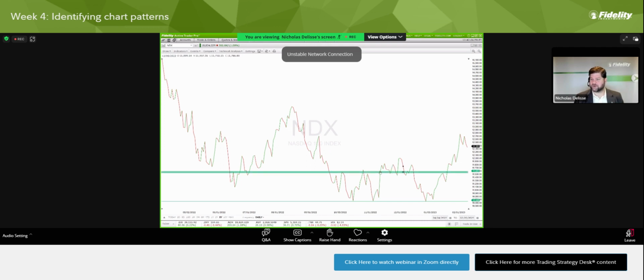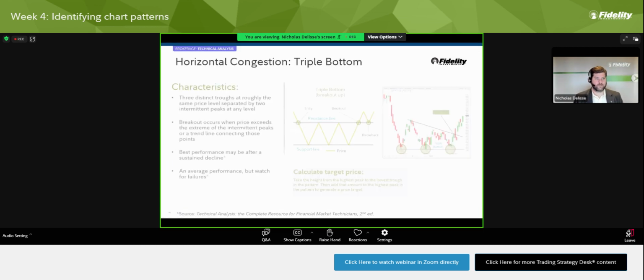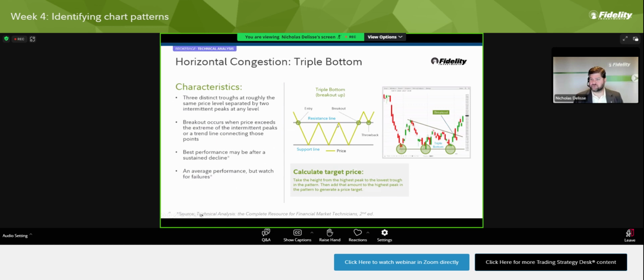Didn't quite break out. Triple bottom, maybe it breaks out above that, breaks out above this. When this finally happened over here, kind of reversing this downtrend, yeah, it looks like this might actually be a triple bottom. It's broken out above that resistance line.